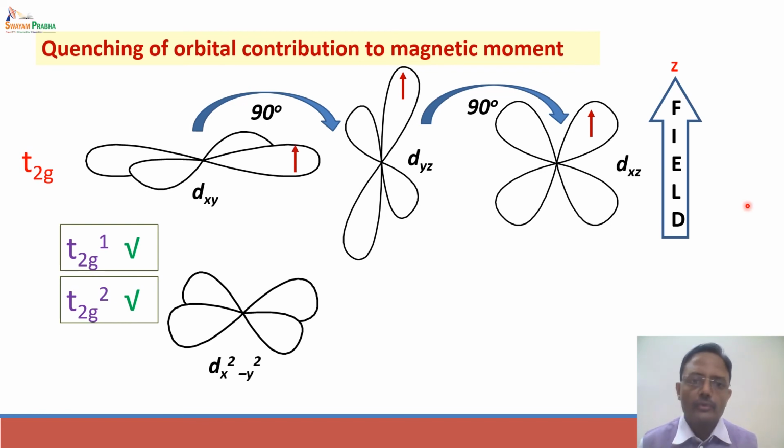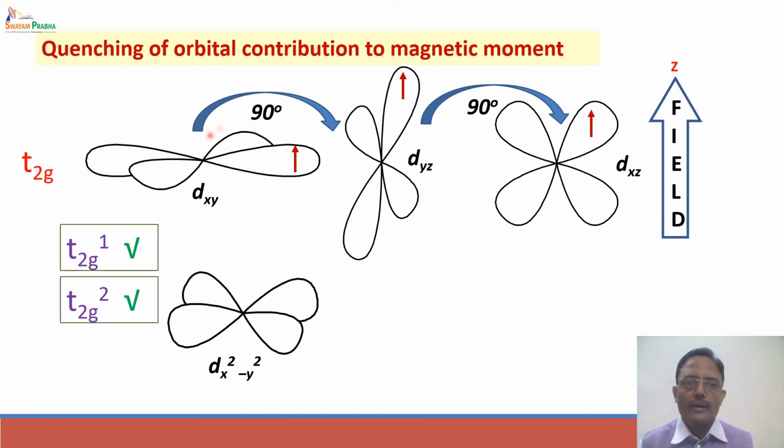But if the three orbitals are symmetrically filled with a T2G3 configuration, each of the three orbitals has an unpaired electron. Now just transforming one orbital to another cannot cause any orbital contribution to magnetic moment, because this orbital already has an unpaired electron.